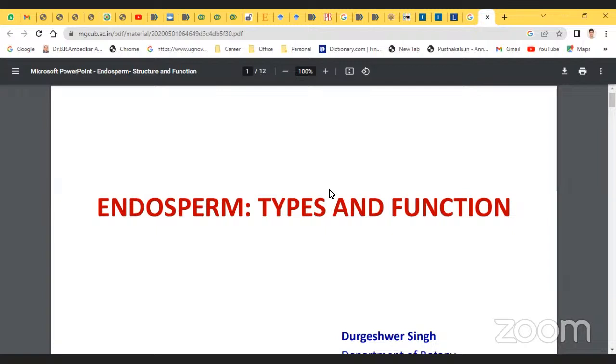The angiosperm endosperm is triploid in nature, and it is developed from the primary endosperm nucleus after fertilization. In gymnosperms, the endosperm is formed before the fertilization. Here, after the fertilization, it is developed from the primary endosperm nucleus, right? And in most cases, the endosperm is triploid.